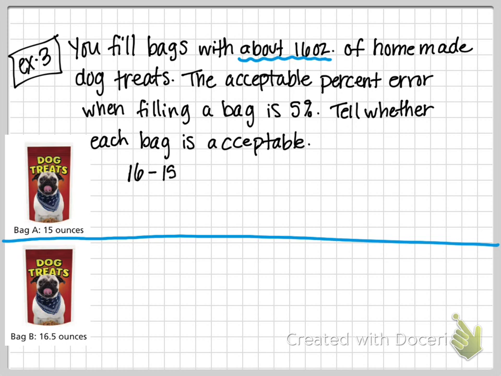So 16 minus 15 over the amount that we needed, the actual amount. And then we subtract, so we get 1 over 16 and turn that into a decimal. 0.0625.